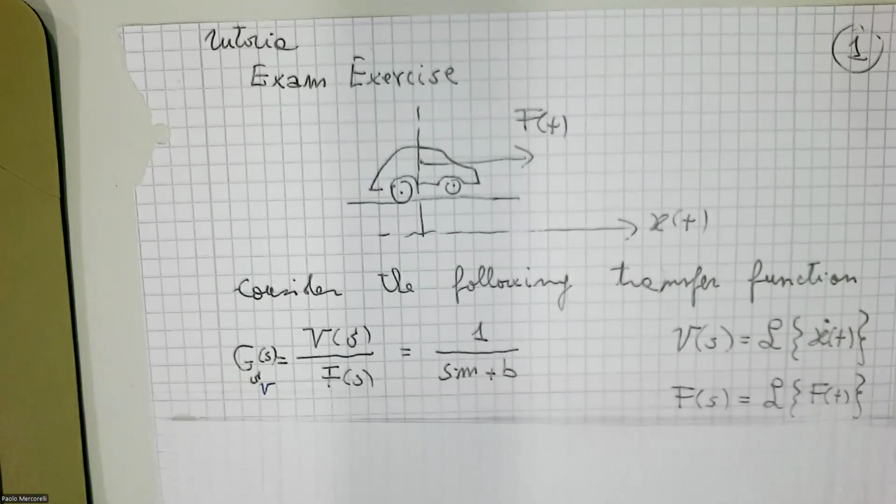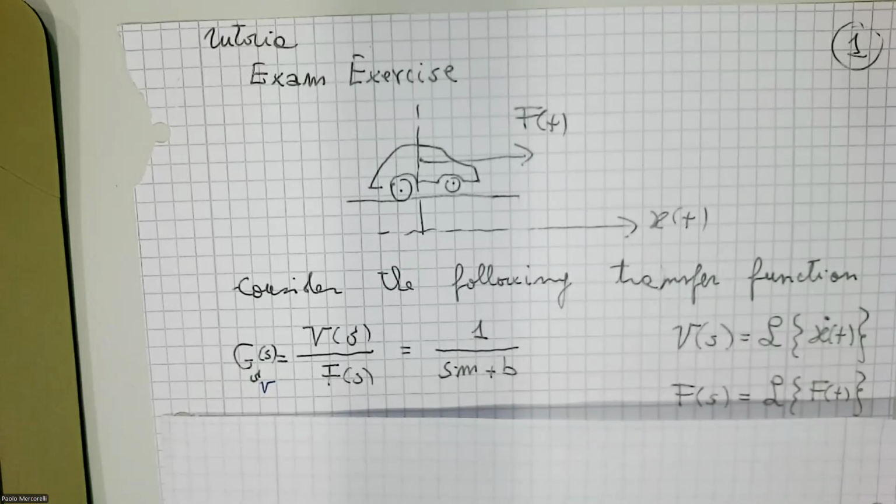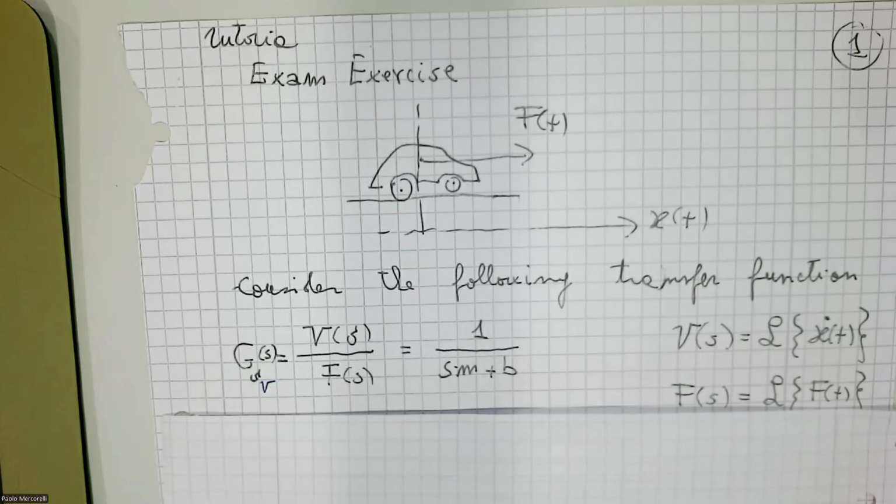About the transfer function, I told you a lot. You remember the transfer function, just to give you a parallel example. The transfer function which considers as output the position, we called X(s) divided by F(s). I mean, the input is always the force, and the output in the other case was the position.